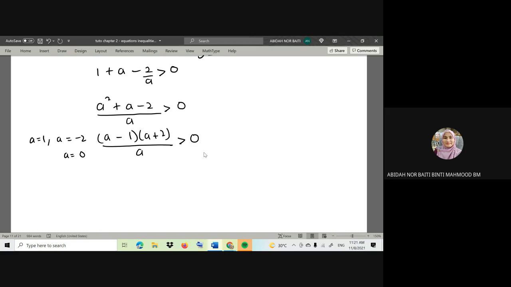So we have 3 factors with 3 values of a. Okay, so we arrange from smaller to greater: negative infinity, negative 2, 0, 1, infinity. Okay, so a minus 1, a plus 2, a, and answer.